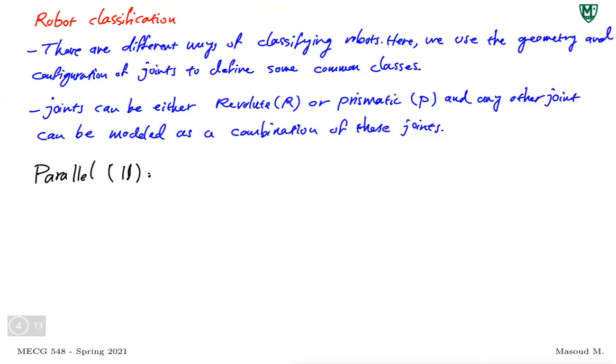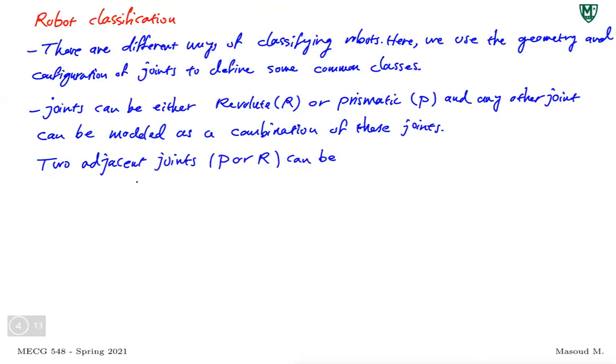Now, when two joints are parallel, remember we're talking about two adjacent joints, P or R. What are two parallel joints?